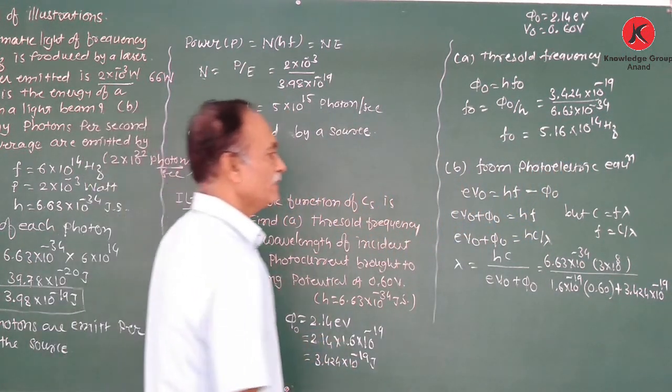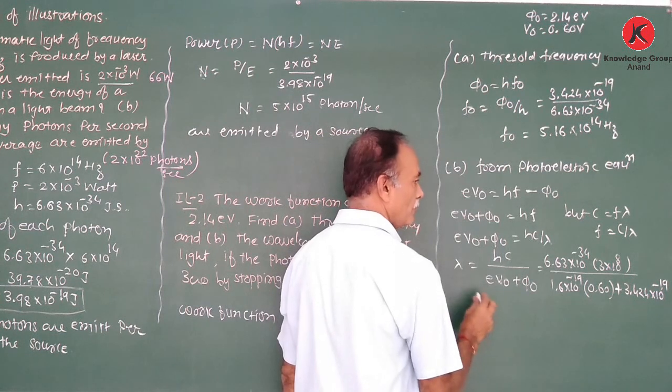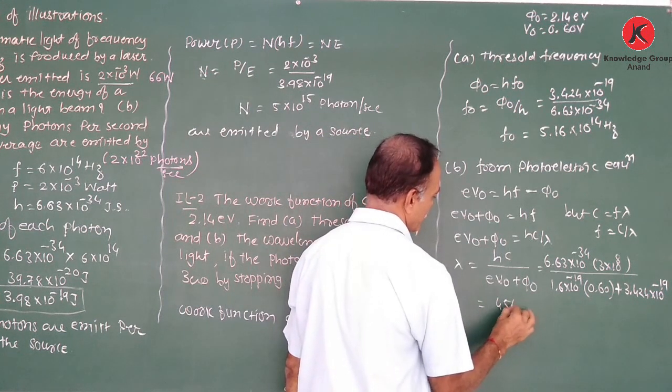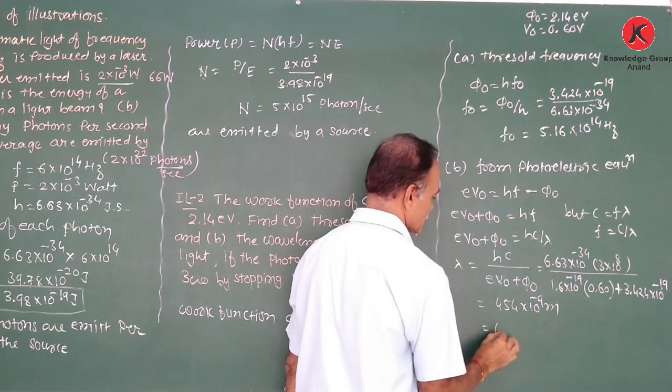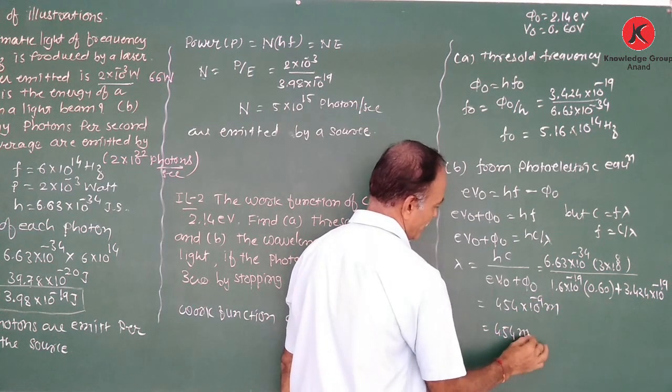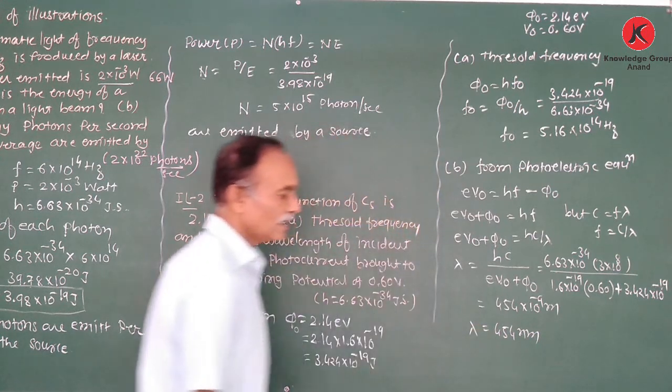On simplifying, we obtain the wavelength as 454 into 10 to the power minus 9 meter. Actually, that is 454 nanometer. So that is the wavelength.